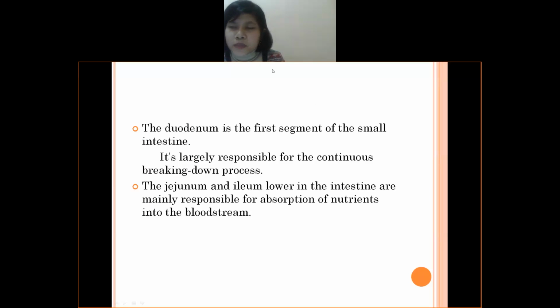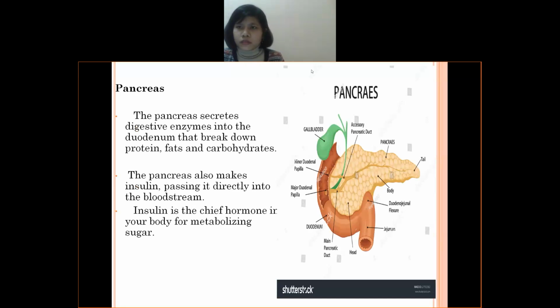It's largely responsible for the continuous breaking down process. The jejunum and ileum lower in the intestine are mainly responsible for absorption of nutrients into the bloodstream.